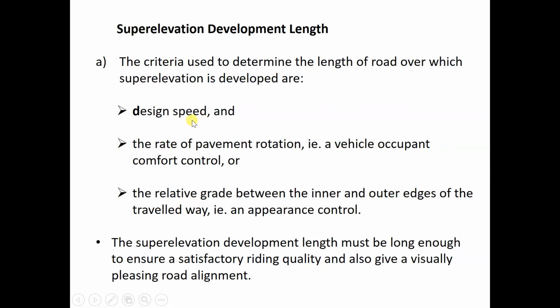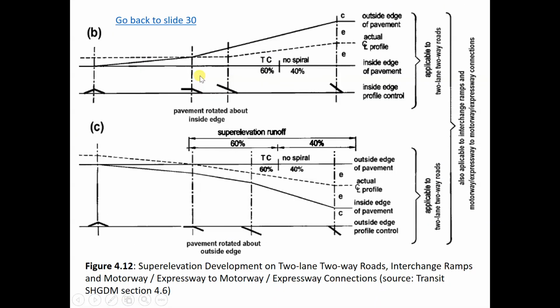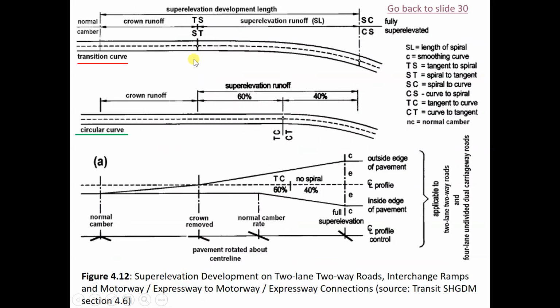So the development length, if you have a higher speed, your super elevation development length will probably need to be longer. That means you need to have a longer curvature length as well. If you have high speed, of course the radius needs to be bigger.